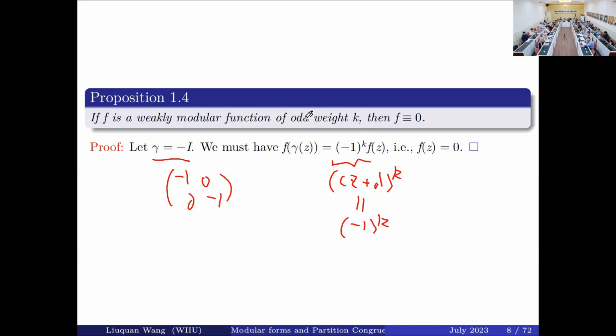And since k is odd, this equals negative f of z. And the left-hand side is still f of z. So comparing the left side and the right side, we conclude that f of z must be 0. Hence, for SL2Z, we only need to consider even weight.